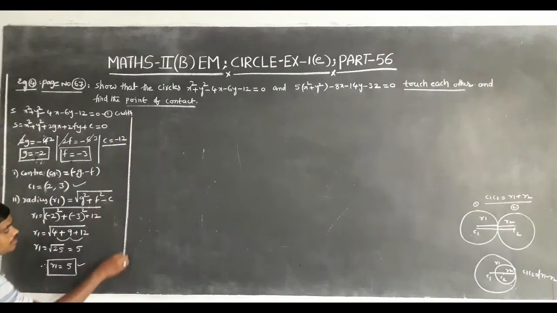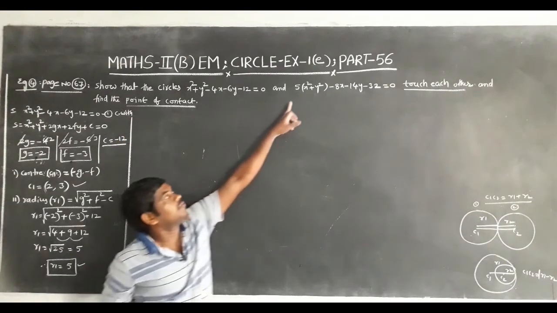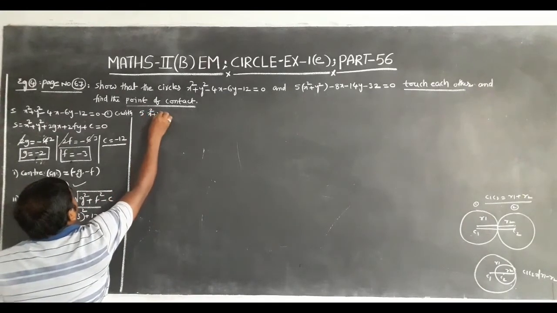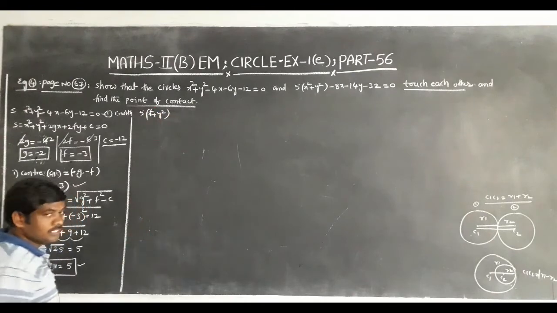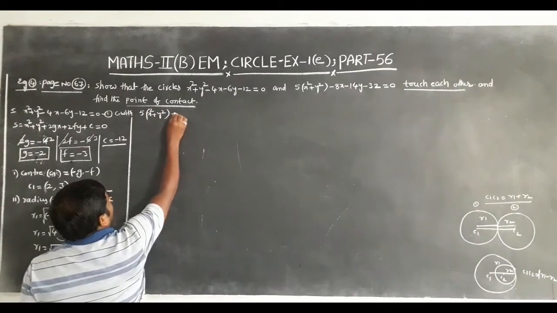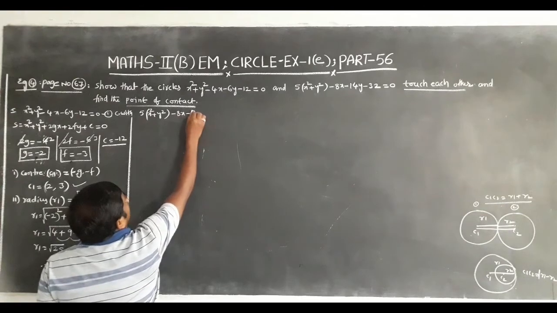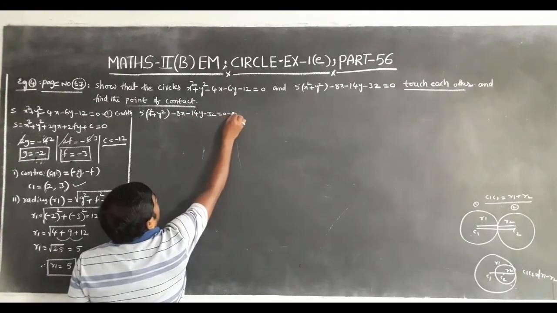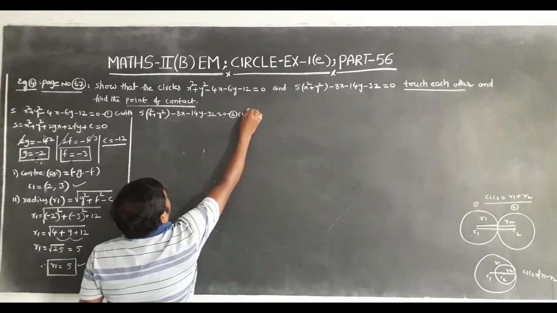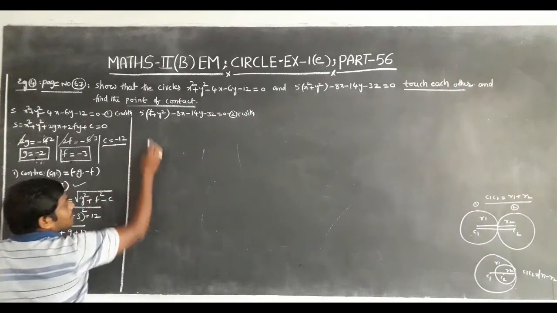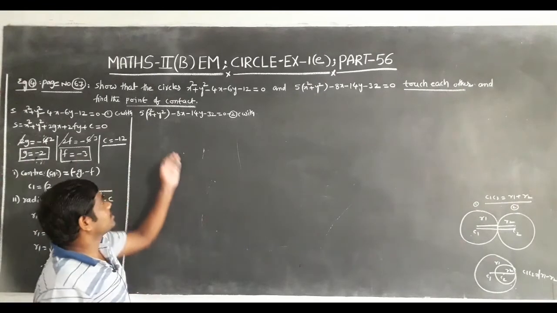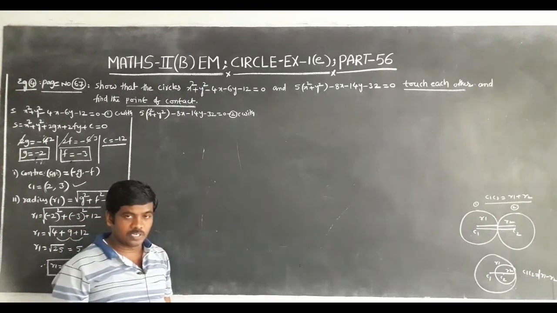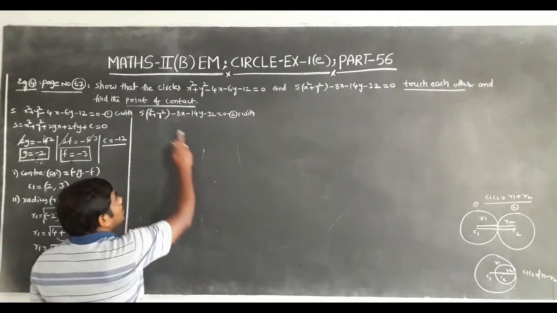Again, find the center and radius of the second circle. Equation of the circle is 5 into x square plus y square minus 8x minus 14y minus 32 is equal to 0. First of all, the given equation is transformed into general form.